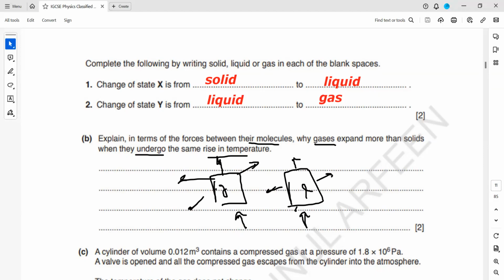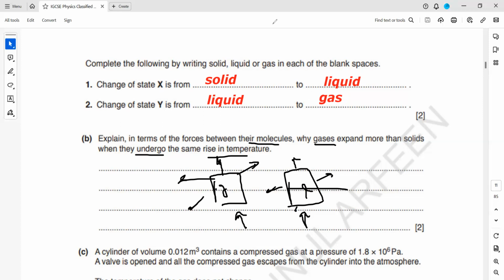So we have to explain in terms of the particles. In liquids, the particles are closer to each other, so they have a strong attraction. But in gases, the particles are far from each other, so they have a weak attraction. So as a result, a small amount of energy can move the particles away.